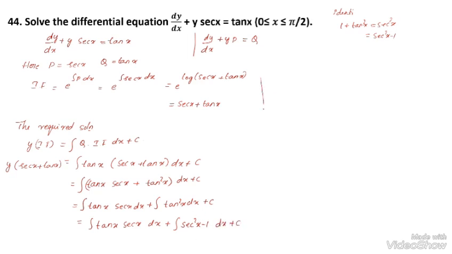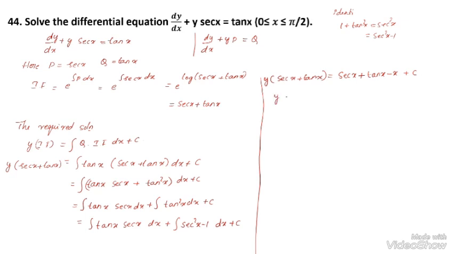Now I can take the integration separately: y into sec x plus tan x equals, integration of tan x into sec x will be sec x, plus integration of sec square x, that is tan x, minus integration of 1, that is x, plus some constant c.